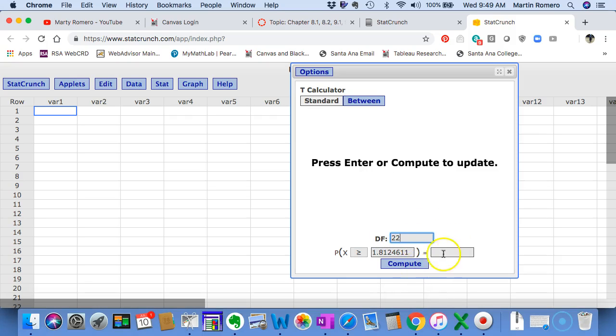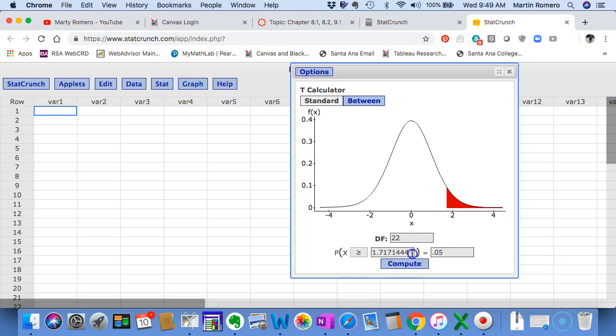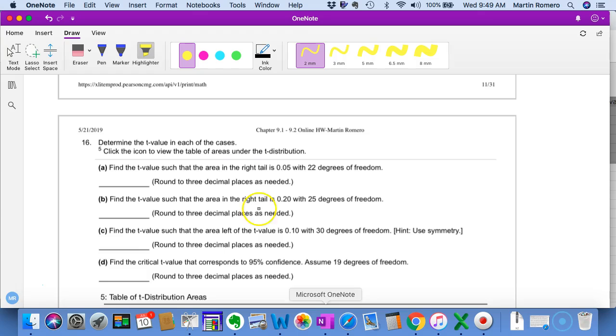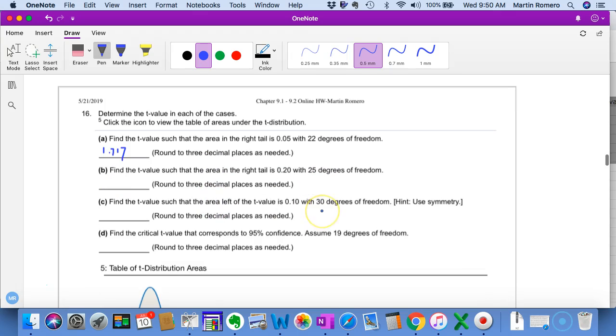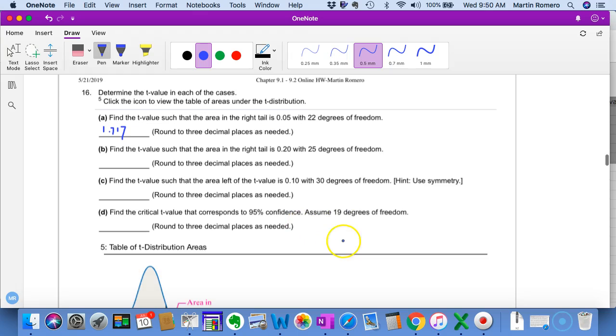Degrees of freedom are always the sample size minus 1, so in this case the sample size would be 23. Said 0.05 greater than because of the right tail, and so then you end up with that answer. 1.717 would be the answer for this problem.